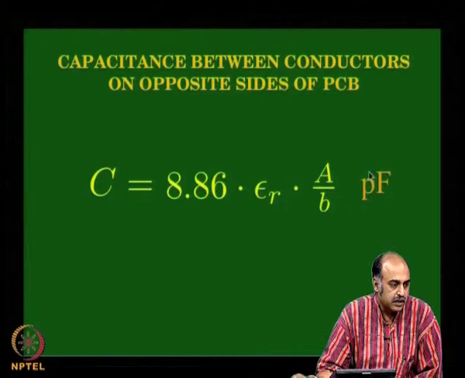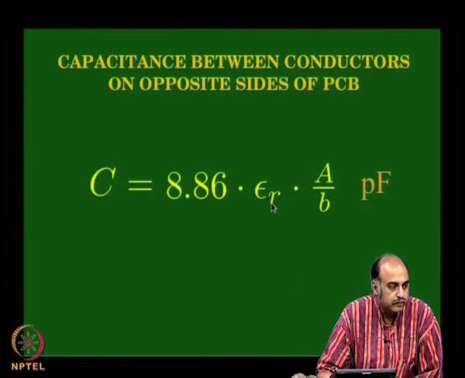Now, the 10 power minus 12 portion is taken out here, and the capacitance is expressed in pF. You have epsilon r, which is the relative dielectric constant, which varies from material to material. You will have to find it from the science tables or the manufacturer's data sheet.